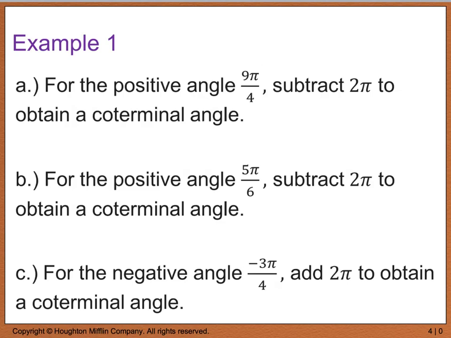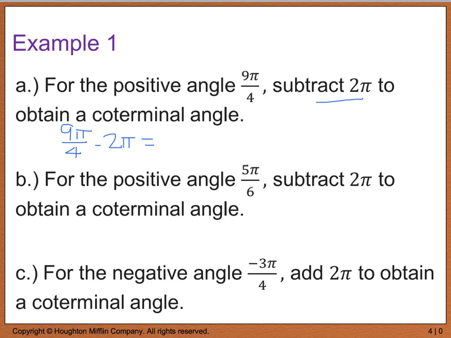So, for example 1, we want to find a coterminal angle for the positive angle of 9 pi over 4. So to do that, we're going to subtract 2 pi. So I have 9 pi divided by 4 minus 2 pi. Well, I'm really subtracting fractions. So when I subtract fractions, I must have a common denominator.